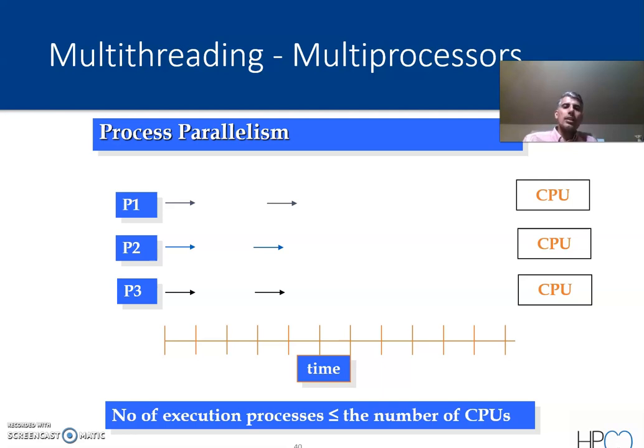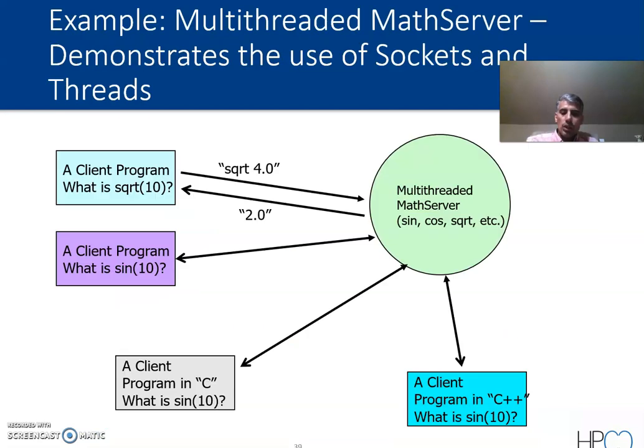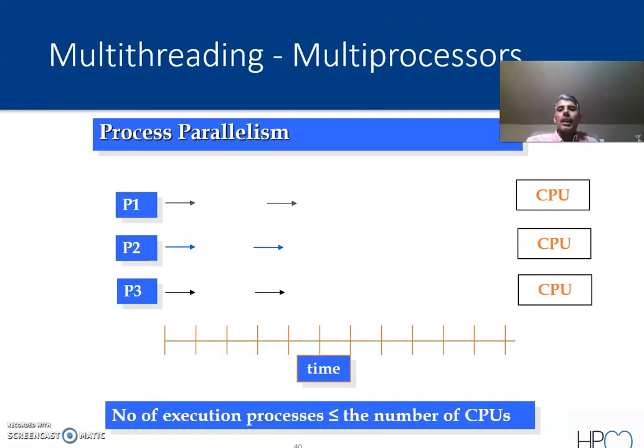Okay, let's continue on multi-threading. So in the last slides, we talked about threads and the usage of threads and some details about threads. In this slide, I would like to talk about a definition, basically, about two concepts.